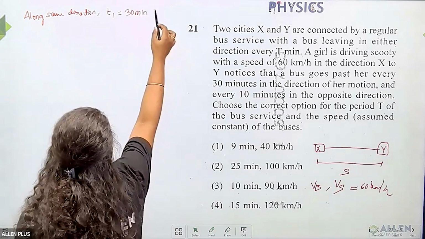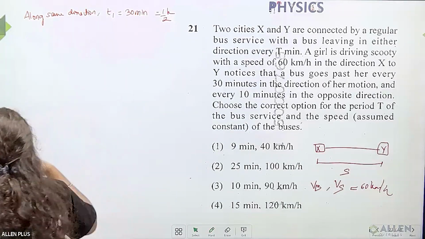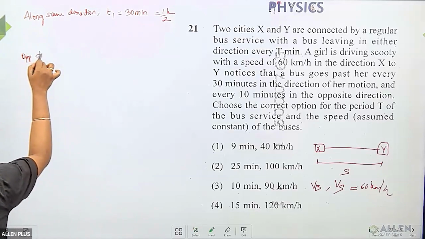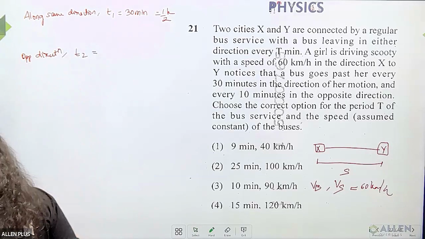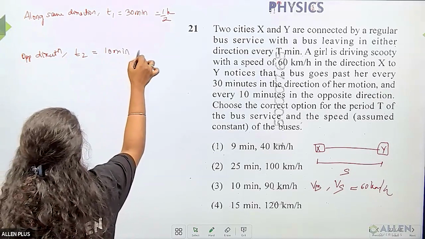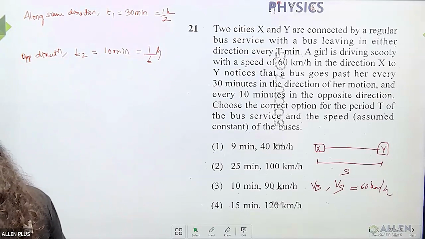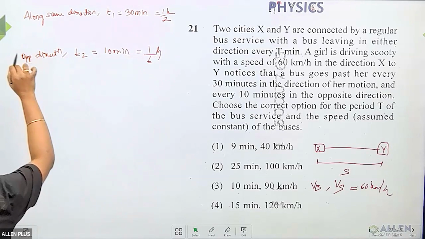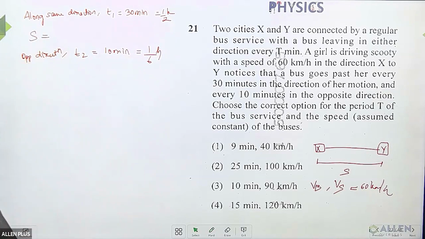Since everything is in kilometer per hour, let me call it 1 by 2 hour. When they are going in the opposite direction, time T2 is equal to 10 minutes. This is nothing but 1 by 6 hour. Both are traveling the same distance, right? Now apply the concept of relative velocity.